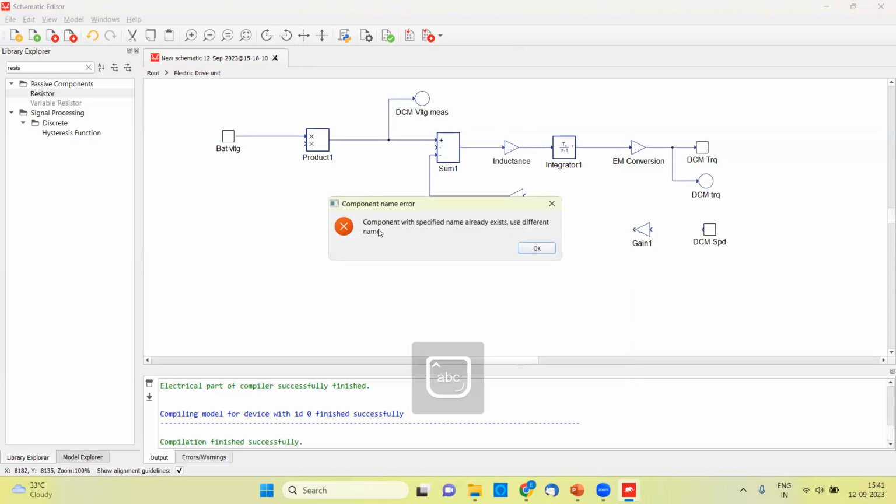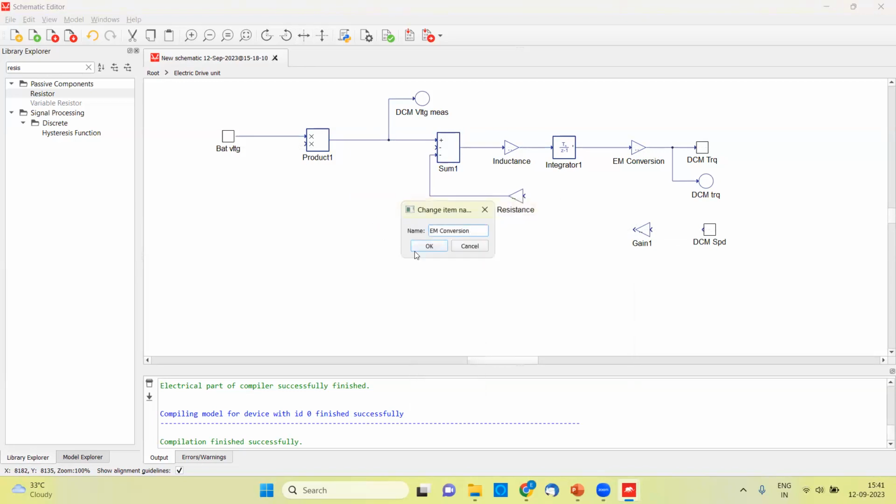But what is the purpose now? That this speed is getting converted into an electrical signal, and that we can directly connect with our sum block now. So I'm going to connect this block over here. Then I have this resistive block which is getting connected over here.